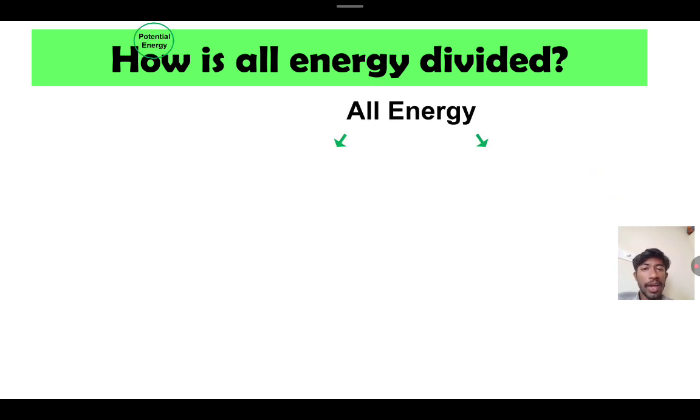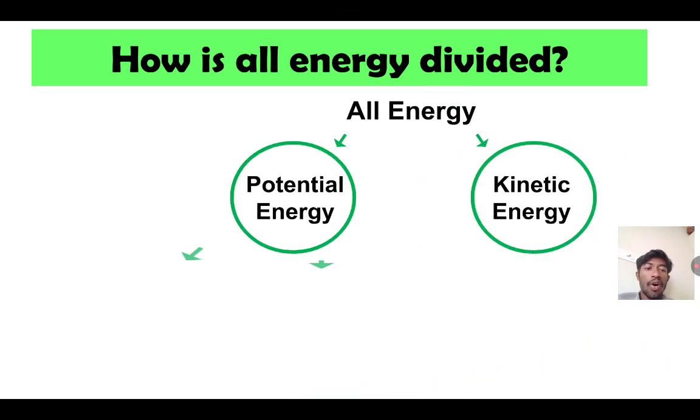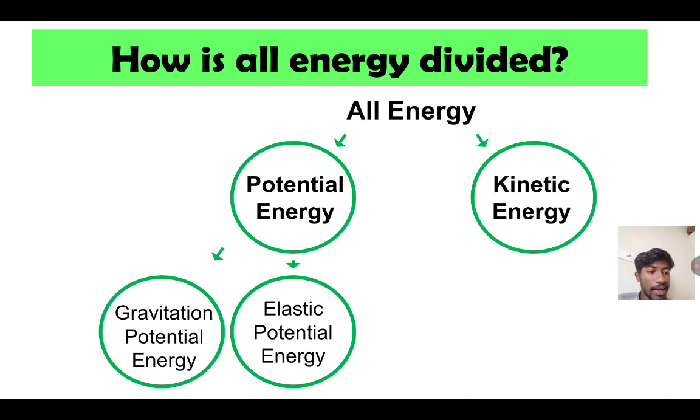So how is all energy divided? All energy equals potential energy plus kinetic energy: potential energy is energy at rest, kinetic energy is energy in motion. Potential energy is again divided into two parts: gravitational potential energy and elastic potential energy.